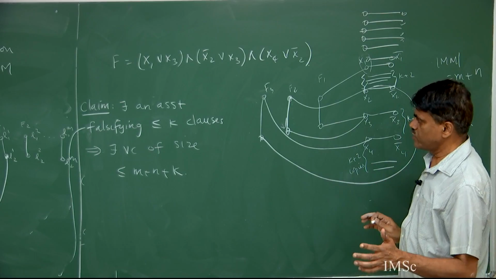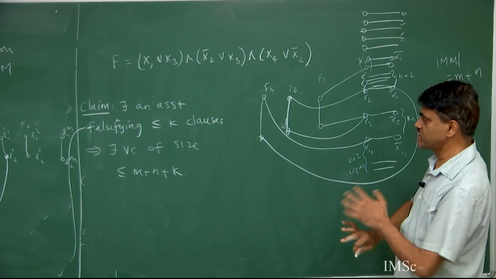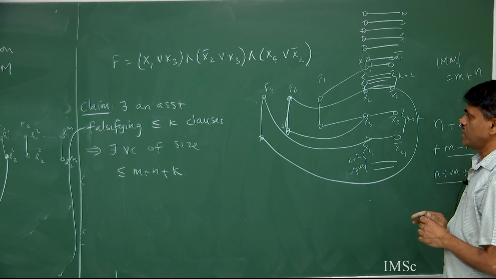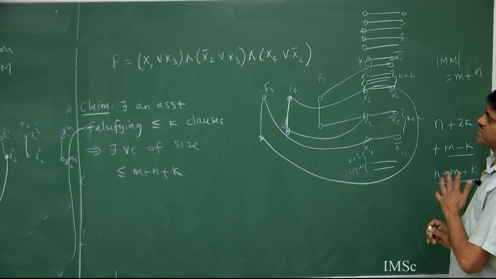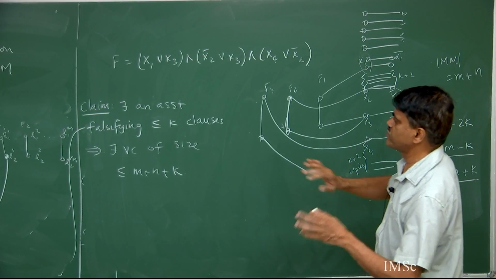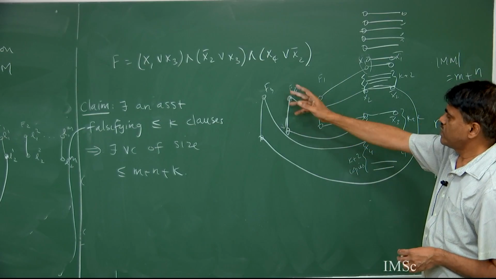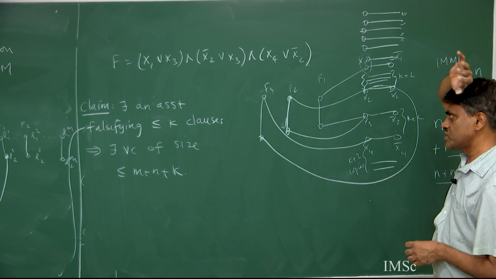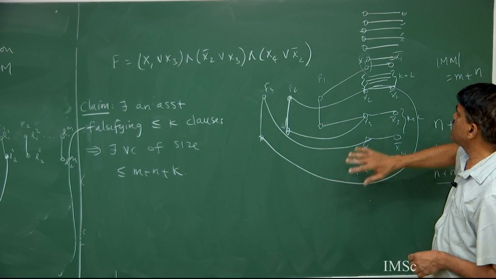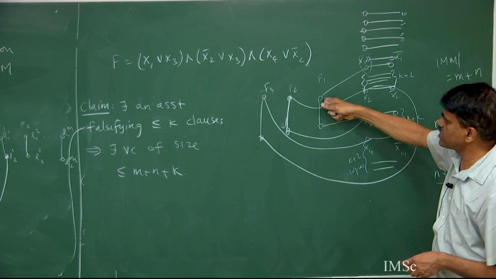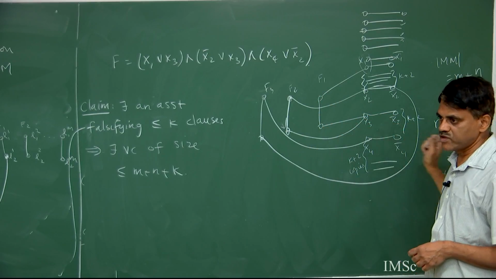Okay. The forward direction still will go through. I mean, it is still polynomial time, everything is fine. The forward direction will still go through, because if you have an assignment that falsifies at most k clauses, remove those, pick both endpoints of those, and then pick the corresponding xi's here, and then you are free to pick exactly one from each of the remaining clauses.